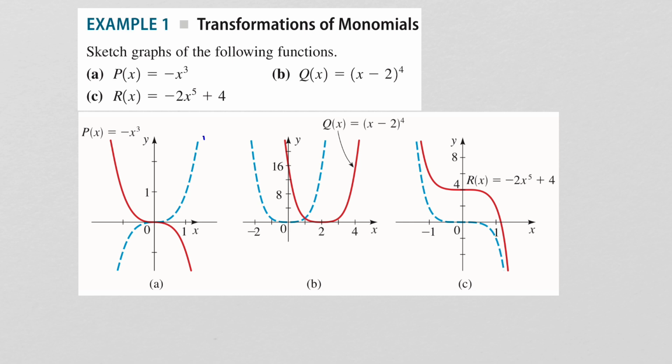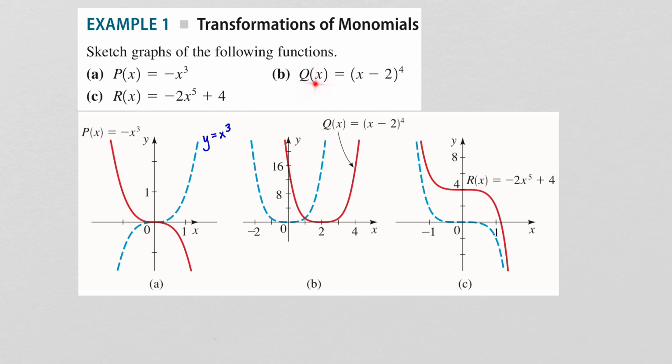And so if this graph here represents y equals positive x cubed, then negative x cubed is just going to be the reflection of that graph over the x-axis. So this part down here gets reflected up here, and this part up here gets reflected down here. And so this graph right here would be the graph of p of x is equal to negative x cubed.